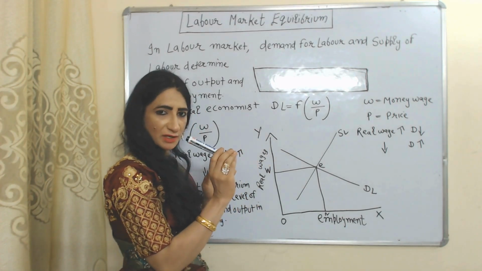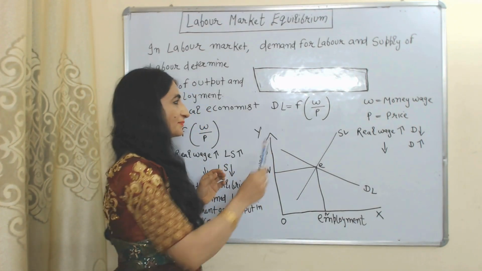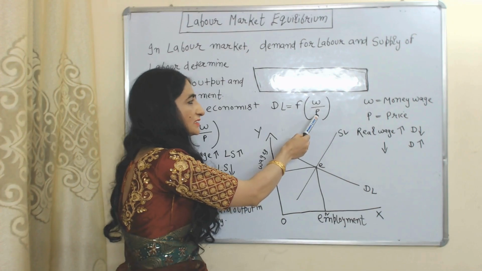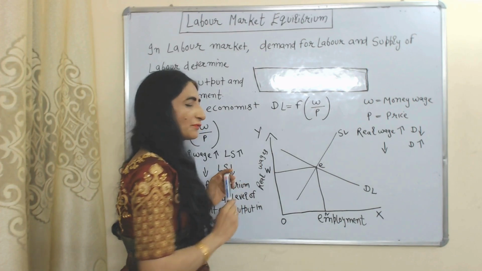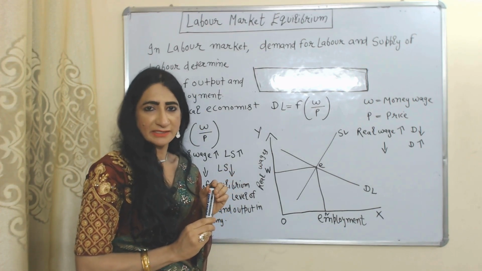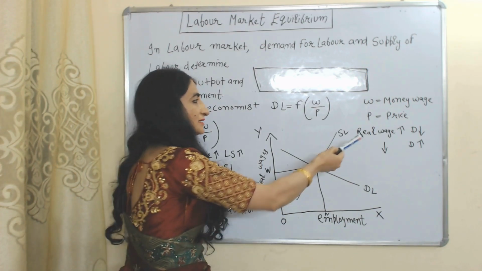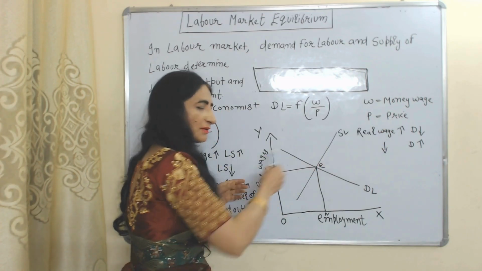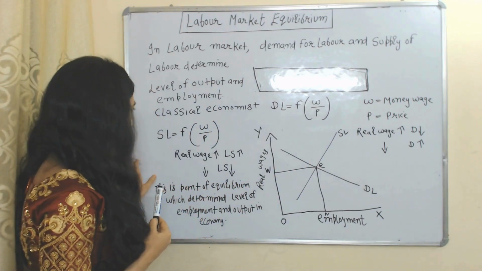DL represents demand for labor, W over P represents real wages. W represents money wages, P represents price. Real wages and demand for labor have an inverse relation. That means as real wages increase, demand for labor falls. As real wages fall, demand for labor increases.